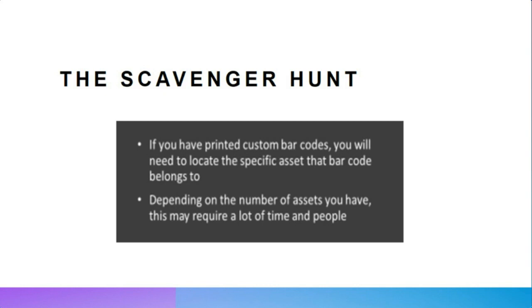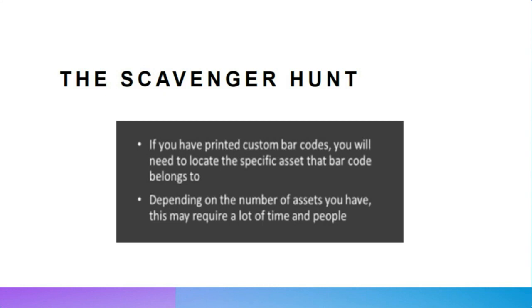You need to locate the specific asset that barcode belongs to. So I have item number 12345, and in Asset Panda, I can already see item number 12345 here.